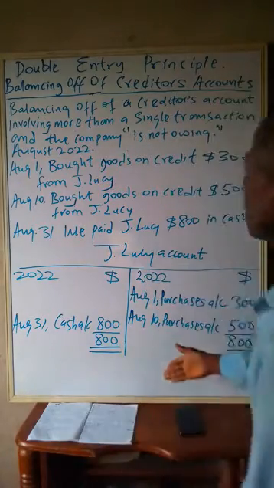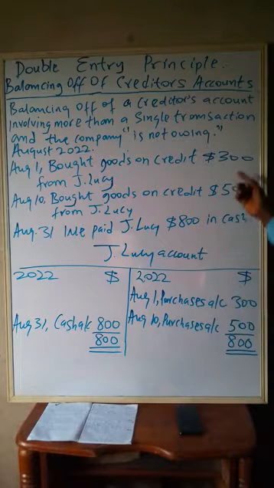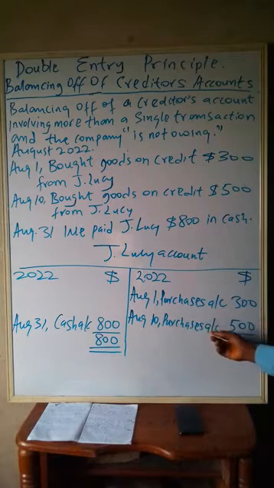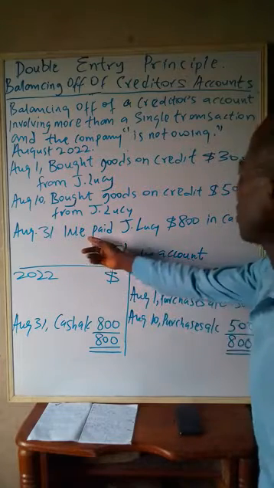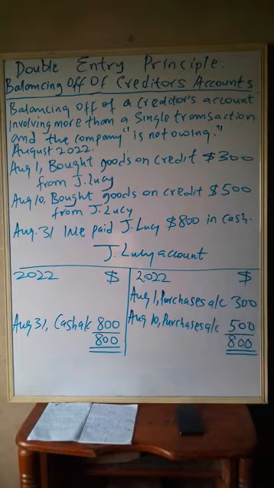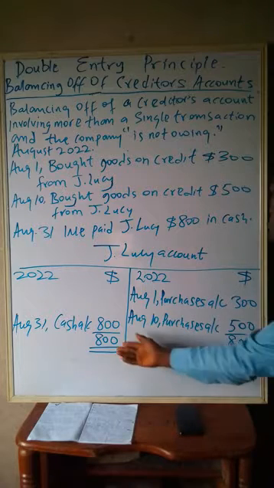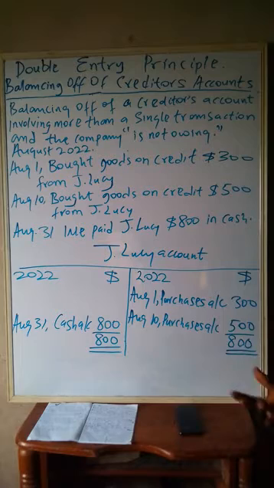Everything has been made, so we have ruled off the total figure. And that's the balance of the account.